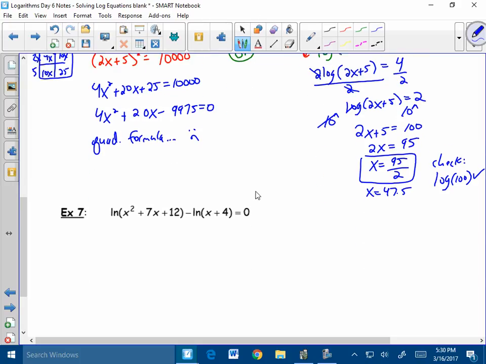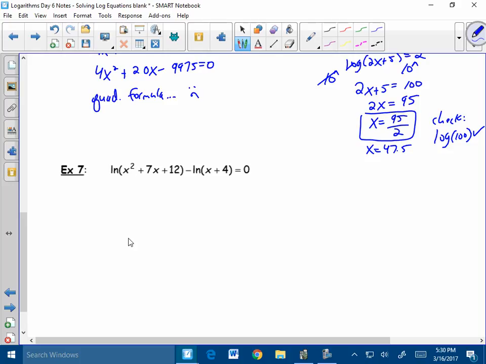Okay, one last one here, going back to this condensing idea. ln of this quadratic minus the ln of x plus 4 equals 0. So, again, logs being subtracted comes from logs being divided. So I'm going to do ln of x squared plus 7x plus 12 divided by x plus 4 equals 0.